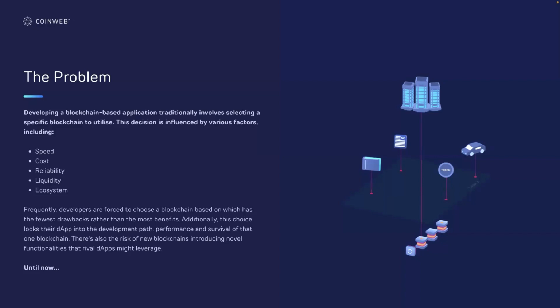And normally developers have to make a decision not based on this being the perfect blockchain for what we're trying to build. Quite often, or most often, they have to pick a blockchain that has the fewest trade-offs. And that's what we want to change.